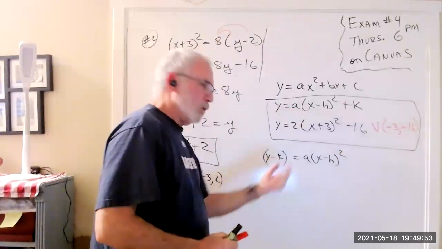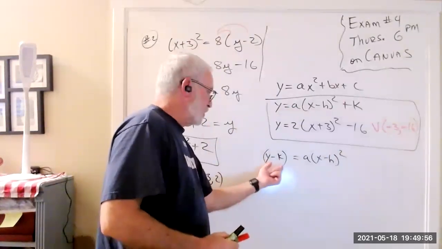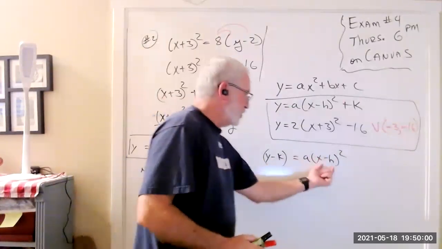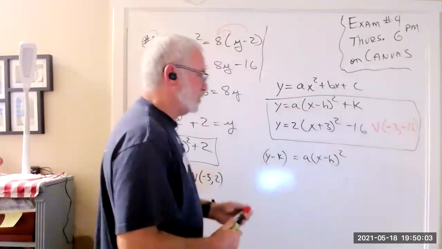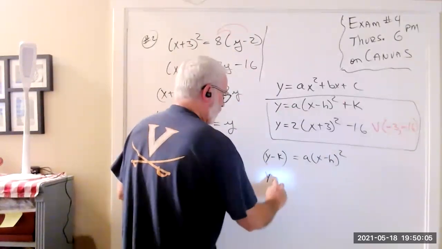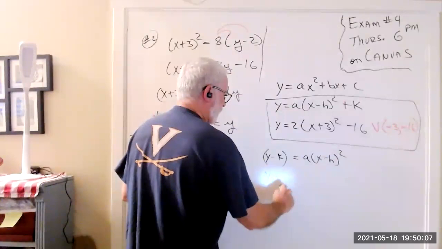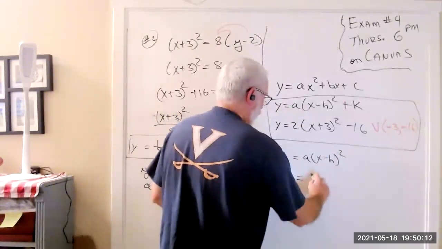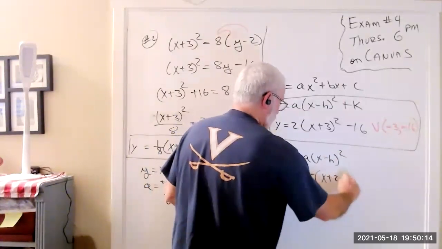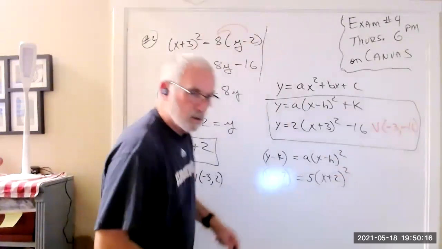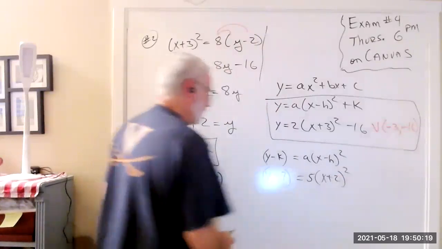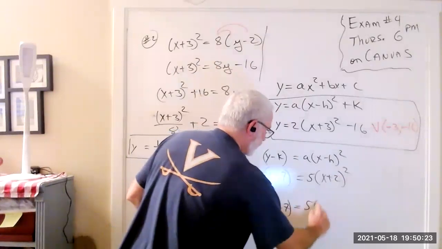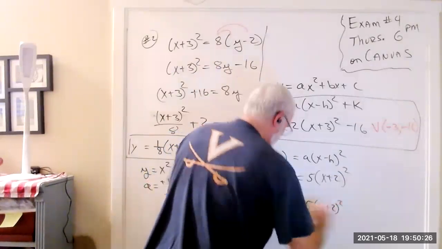Now, when you pull information out, because it's in parentheses, you take the opposite of what you see. So if we had y minus 7 equals 5 times (x plus 2) quantity squared.